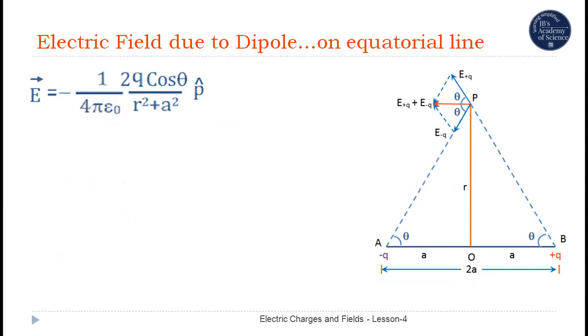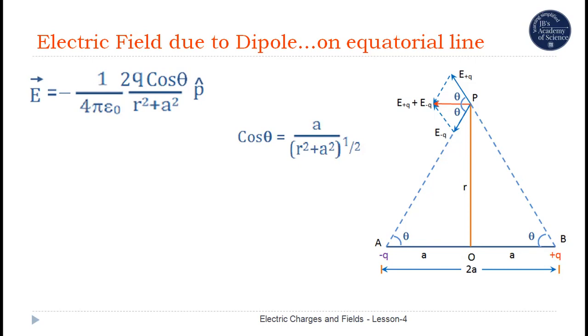Now, we can substitute the value of E plus Q: E is equal to minus 1 by 4 pi epsilon 0, 2Q cos theta divided by R square plus A square, P cap. Now we can find the value of cos theta and substitute it in this equation. Look at this picture. Consider the triangle AOP.